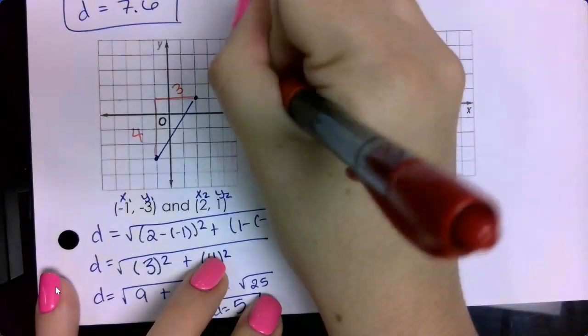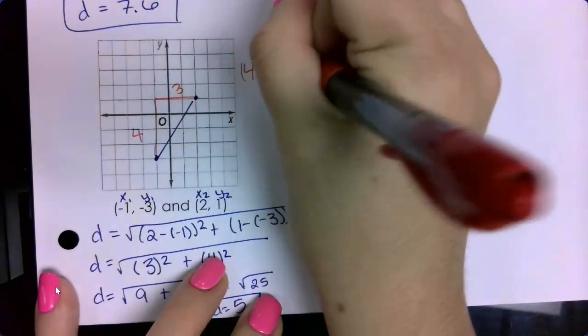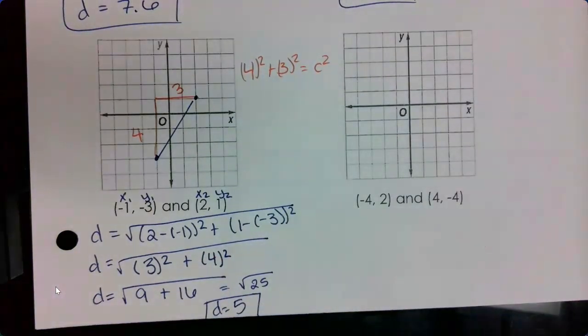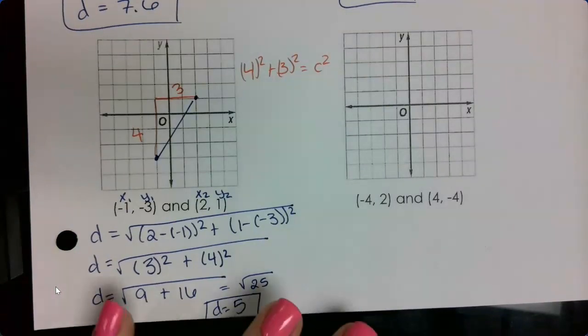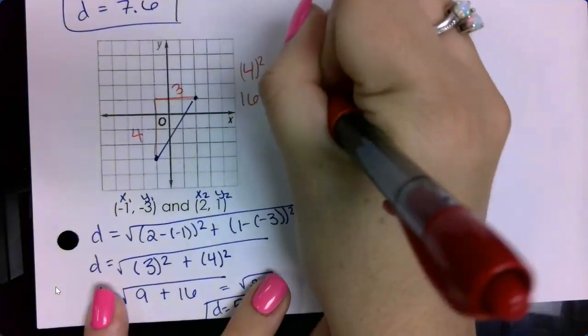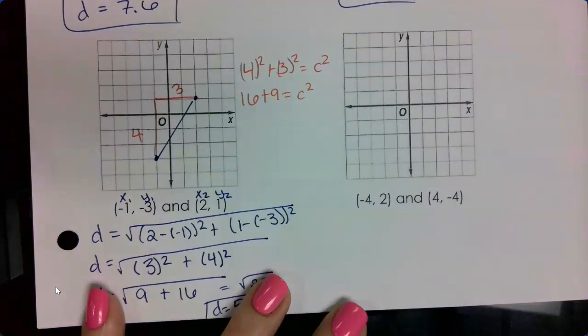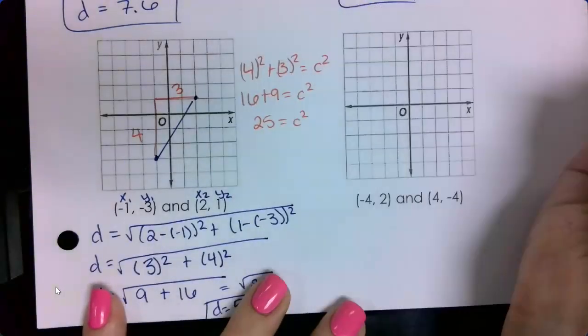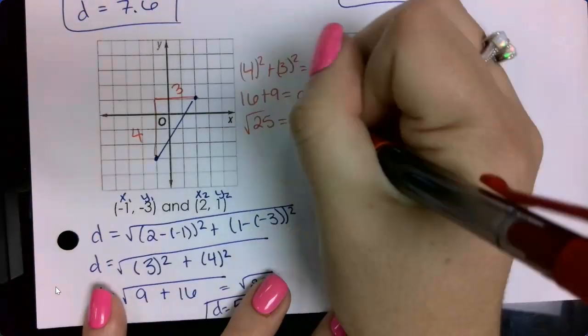I'm going to have 4 squared plus 3 squared equals c squared. What's 4 squared? 3 squared? So when I add them together, I get 25. I need to get rid of my exponent, so I square root both sides.